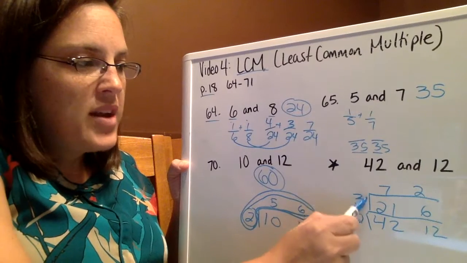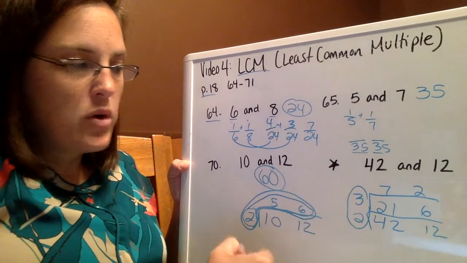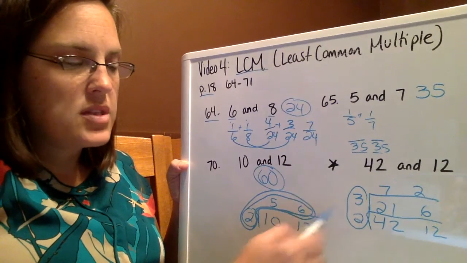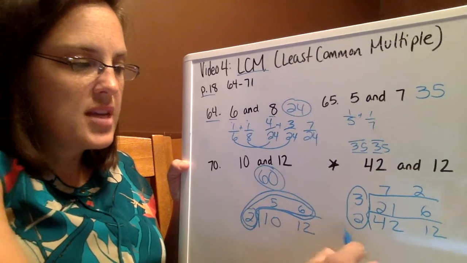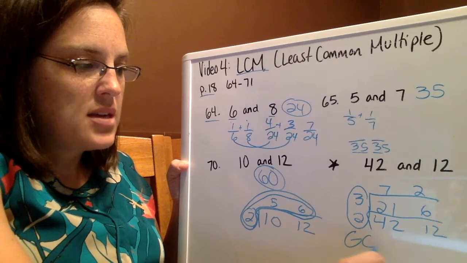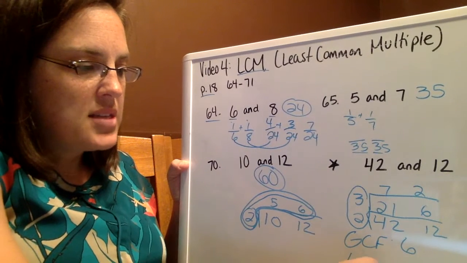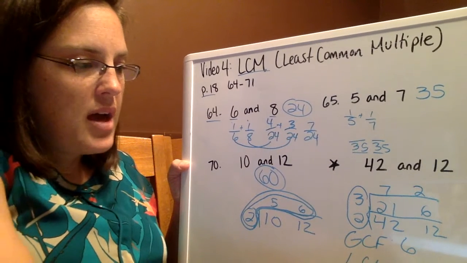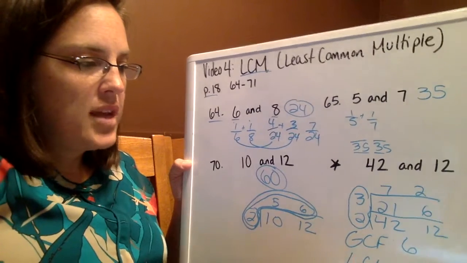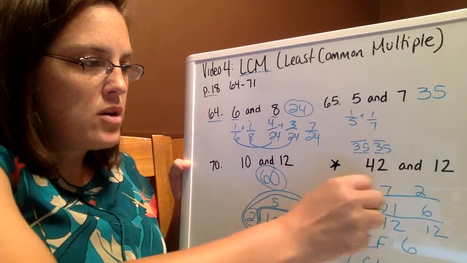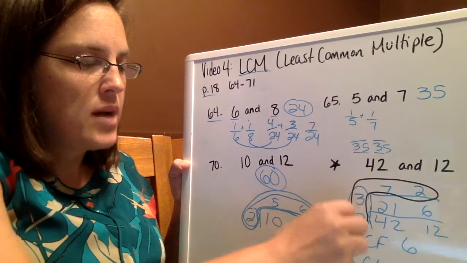So if I was finding the greatest common factor, I would only take those two numbers, 3 times 2, which is 6. So I'm going to put that down here. Greatest common factor is 6. But the least common multiple, I would take not only 2 times 3, but I'd also include that 7 and 2 up top.